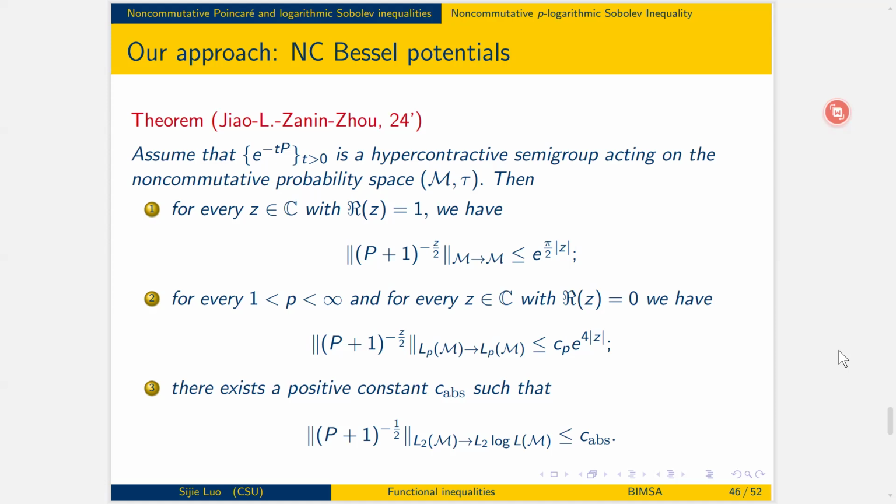Then we prove that for every hypercontractive semigroup, the Bessel potential satisfies these three conditions.